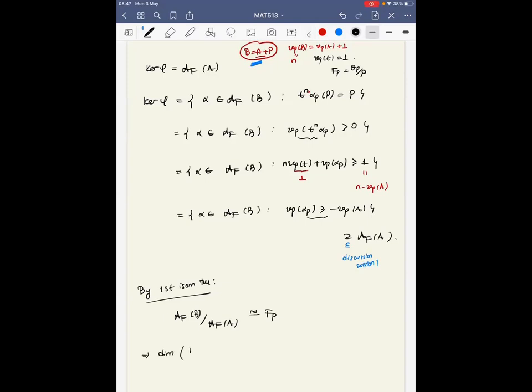That means its dimension is indeed going to be degree of P, and the general case follows by induction over the number of P's which appear in this equation.